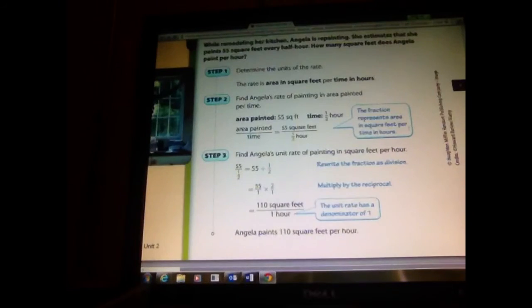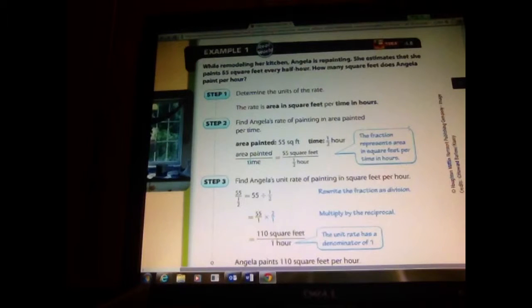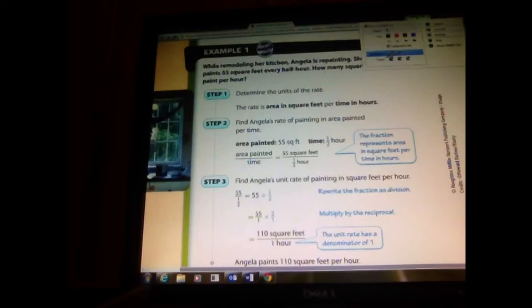So if you look at example 1, while remodeling her kitchen, Angela is repainting. She estimates that she paints 55 square feet every half hour. Now that's important information. How many square feet does she do per hour? So I'm looking at paint per hour.